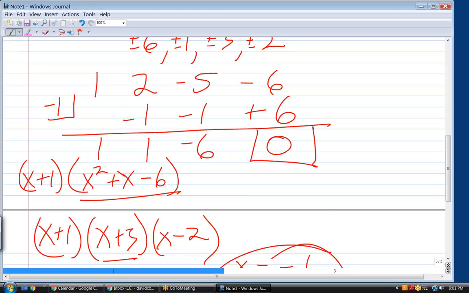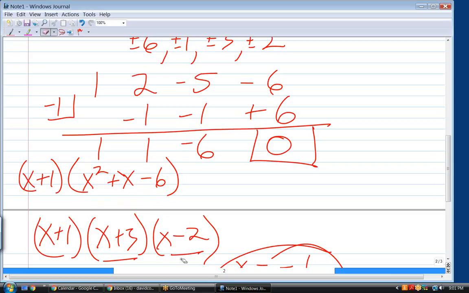That factors into that times that. Oh, so you use the quadratic formula on x squared plus x? I could have, but I didn't need to. It factored easily with my normal factoring. If I couldn't factor it, make that a 5, now I'd have to use the quadratic formula on it. But as long as that was a 6, it factored quite easily.